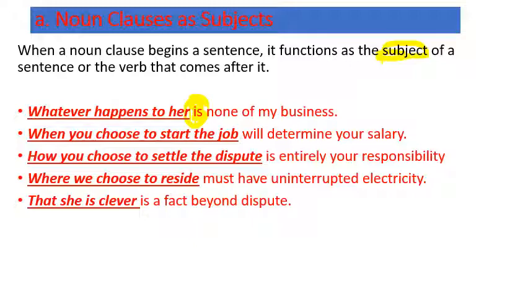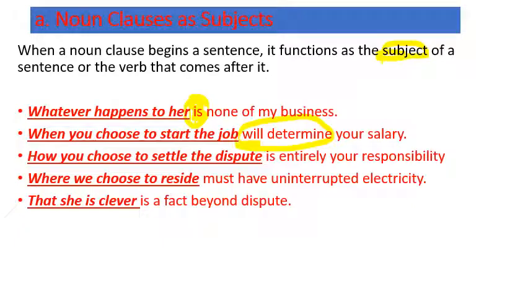Next sentence: when you choose to start the job will determine your salary. The predicate consists of the auxiliary "will" and the main verb "determine." And "when you choose to start the job" is all the subject of our sentence. The subject is a noun clause.